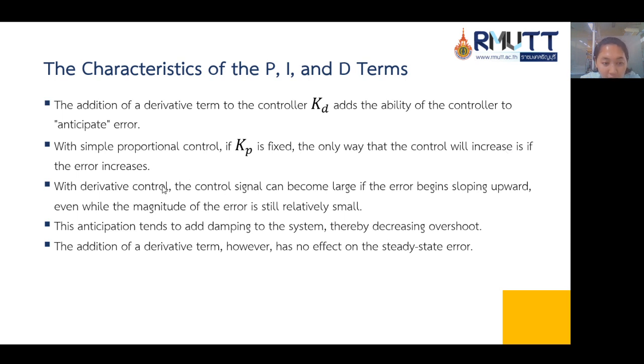With derivative control, the control signal can become large if the error begins sloping upward, even while the magnitude of the error is still relatively small. This anticipation tends to add damping to the system, thereby decreasing overshoot. The addition of the derivative term, however, has no effect on steady-state error.